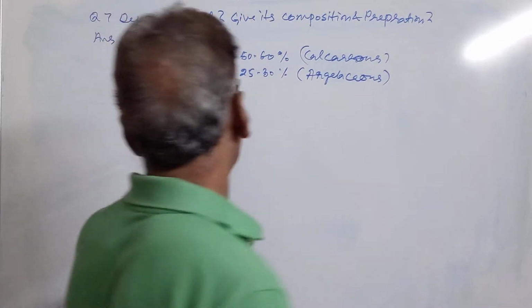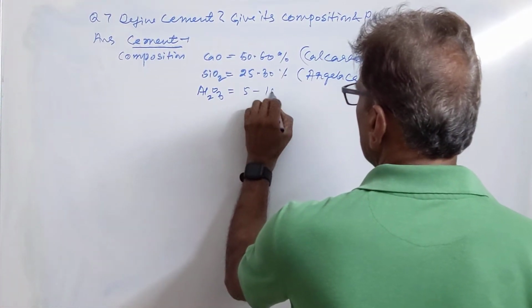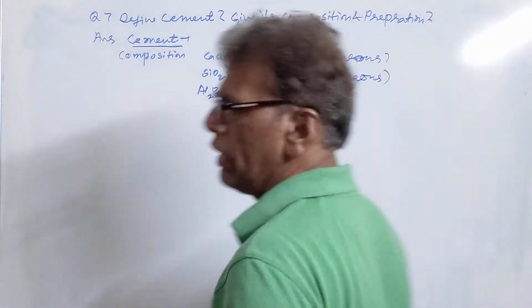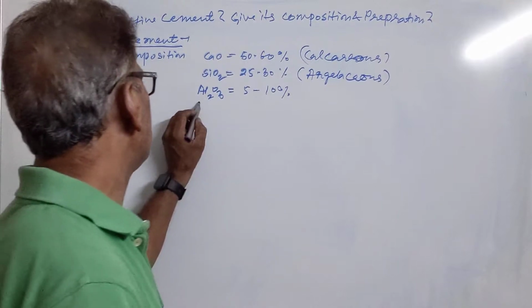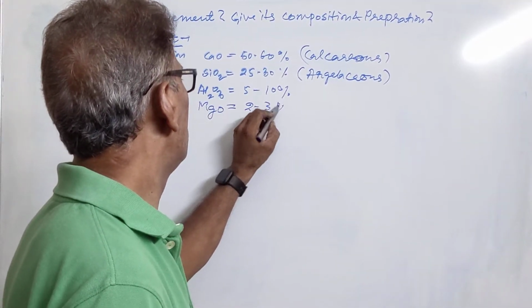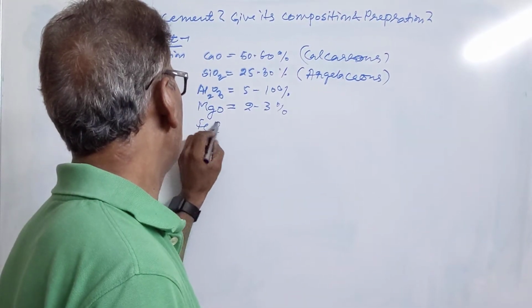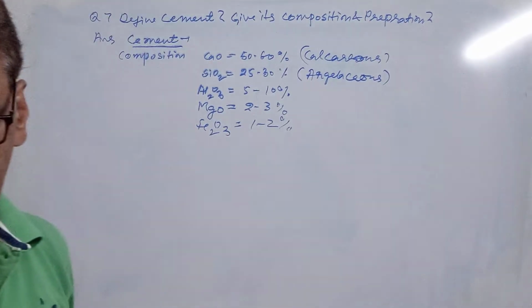We have Al2O3 5 to 10%. It helps to increase the binding capacity of the cement. MgO 2 to 3%. Fe2O3 1 to 2%.